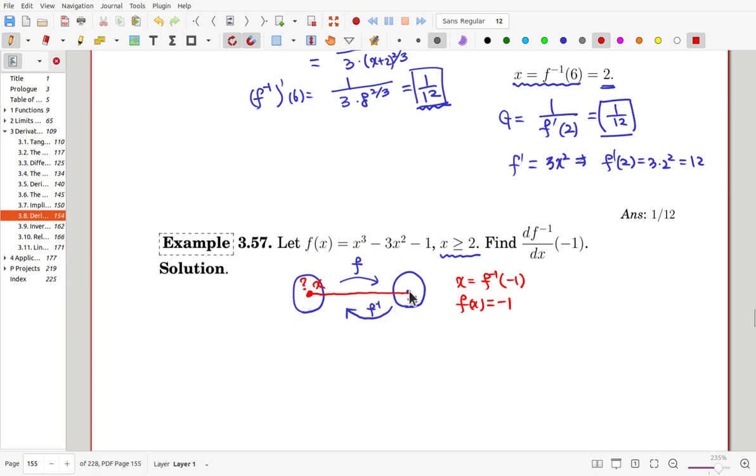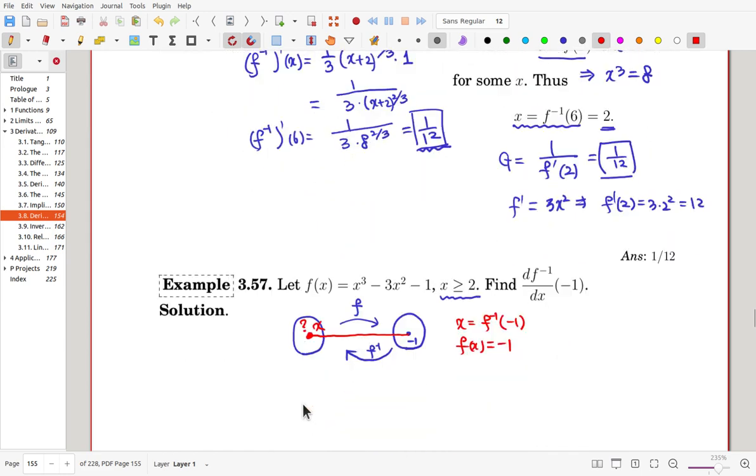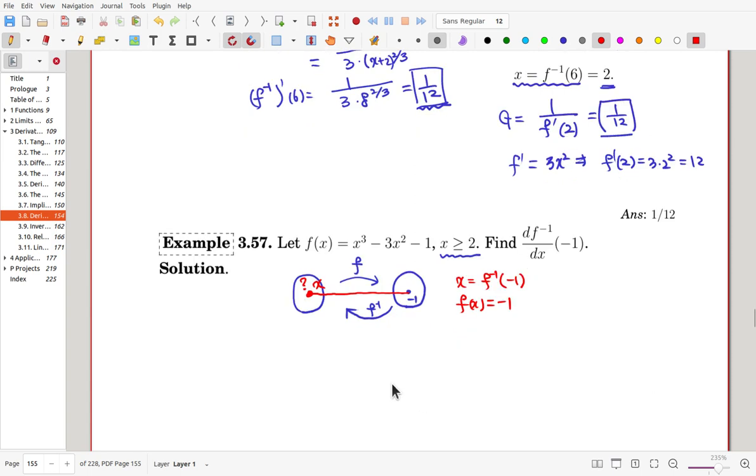So that's a geometric explanation of why we are working this way. Okay, it's quite simple. Now we'll solve that to find x.